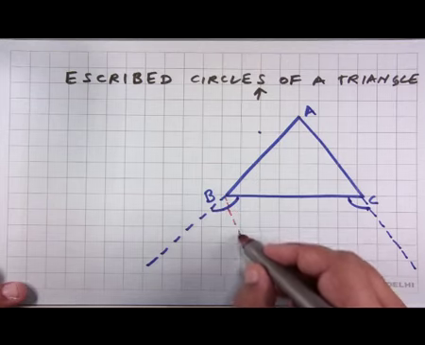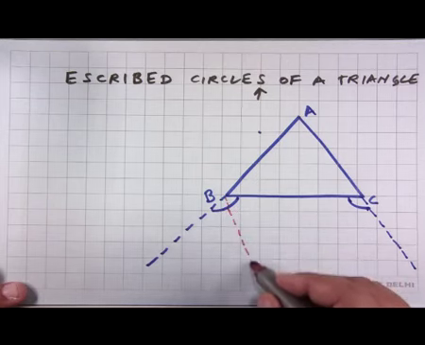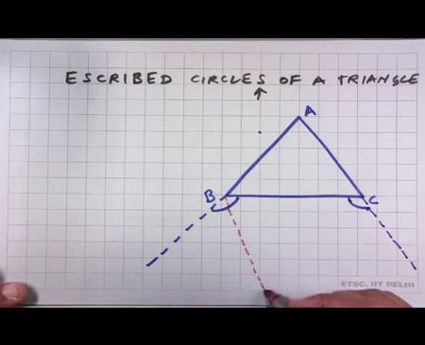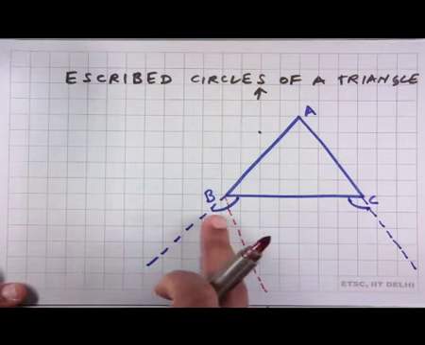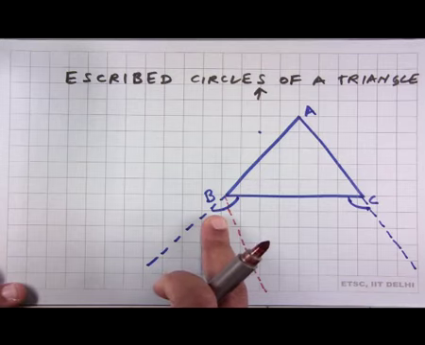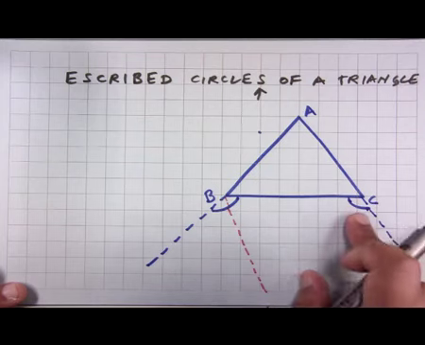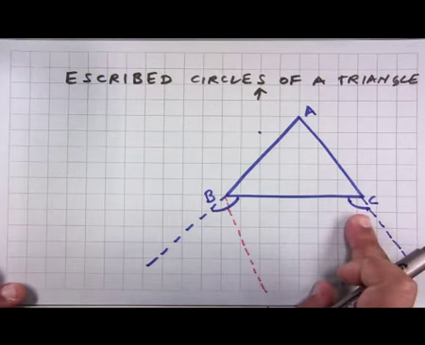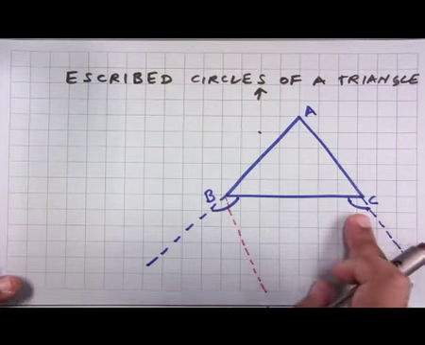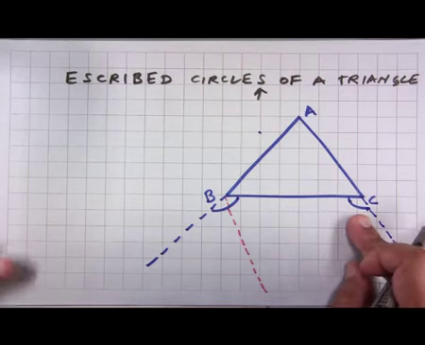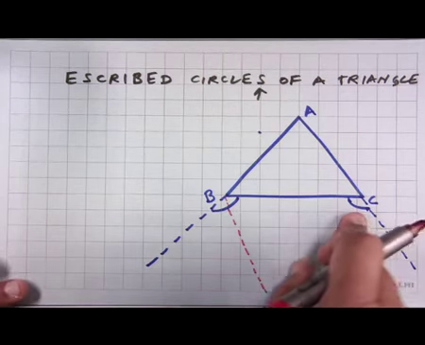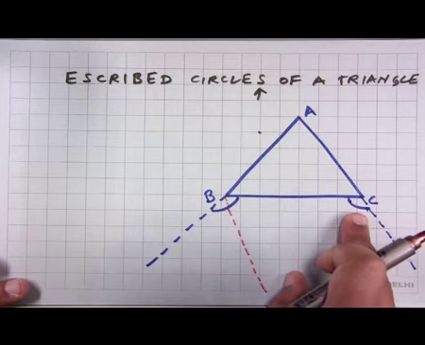Let us say that this dotted line represents the angular bisector of the exterior angle of angle B, and similarly we also construct the angular bisector of this exterior angle of angle C.